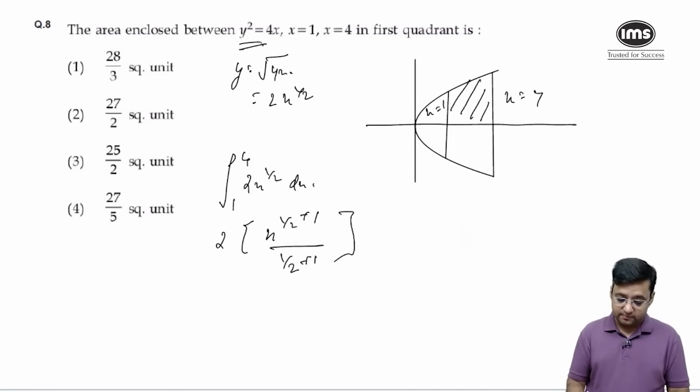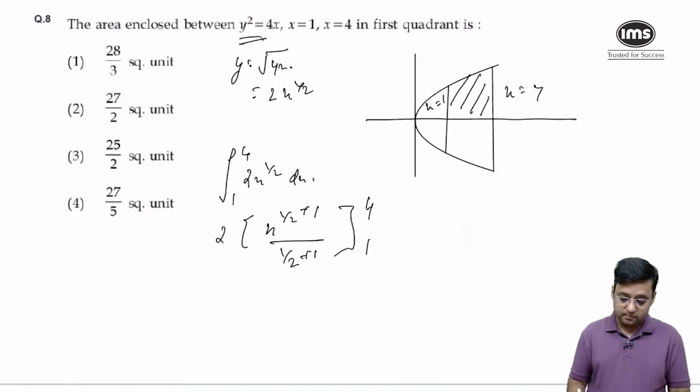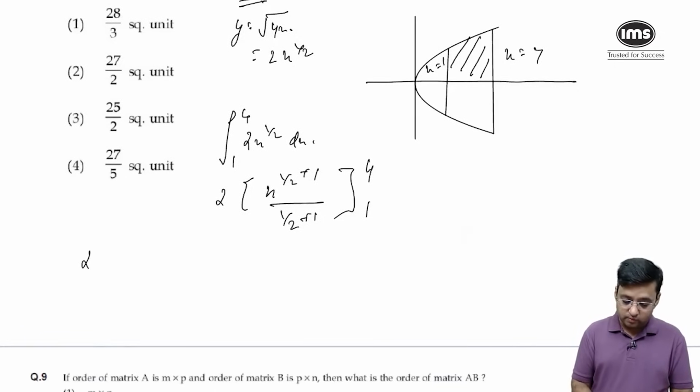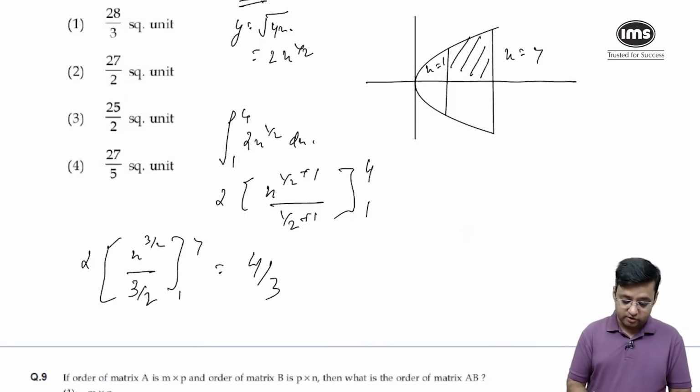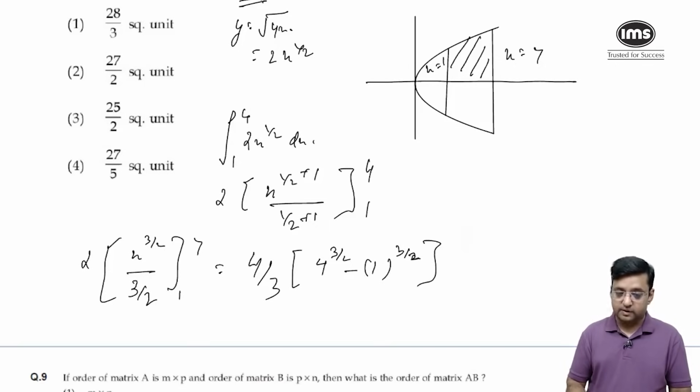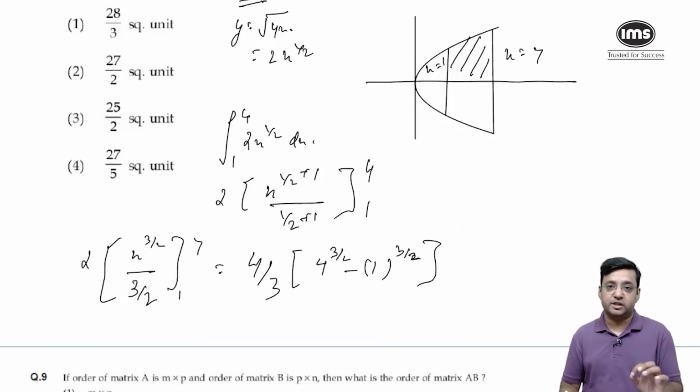After this, we have 2, this will become x to the power 3 by 2, and this will become 3 by 2, from 1 to 4. This will become 4 by 3, as this 2 will go here, this will become 4, and we have 4, 3 by 2 minus 1, 3 by 2. This is the way we solve our definite integral.